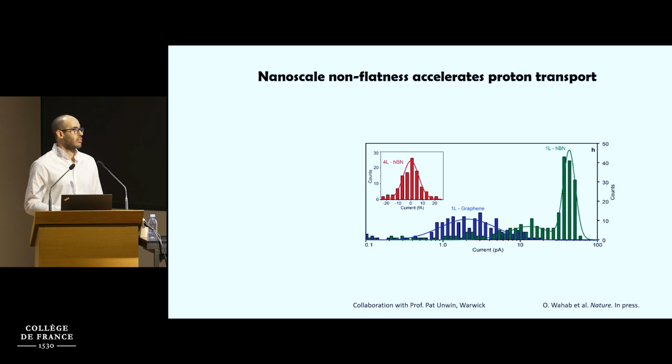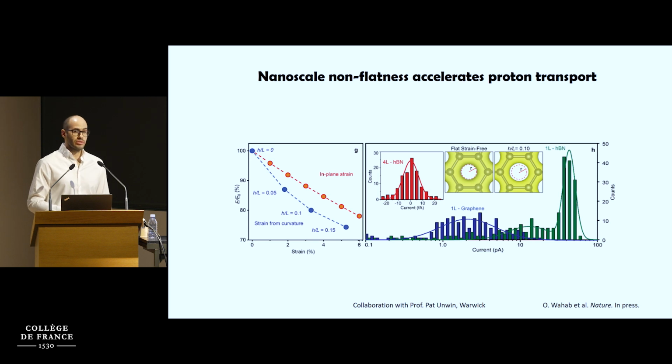Now, for monolayer graphene, most of these pixels are around areas of wrinkles and the rim, and we also see a little bit of activity away, but it is difficult to tell. Whereas for 4 layers of boron nitride, the current is 0 within the resolution of the measurement. So to try to understand why this is happening, we realized that wrinkles and areas around the rim are strained. And the strain in the system basically stretches the system and makes these electronic clouds sparser.